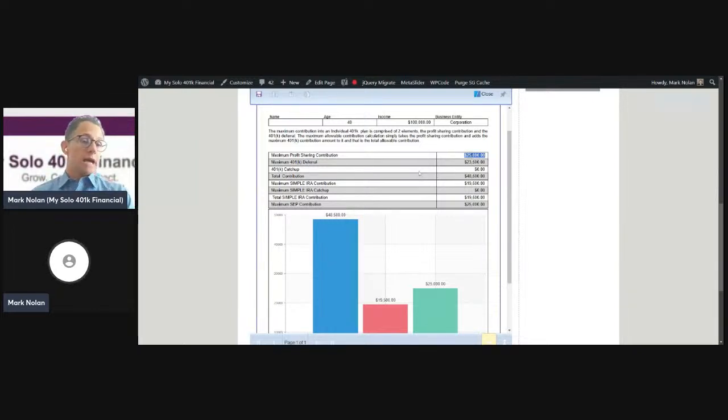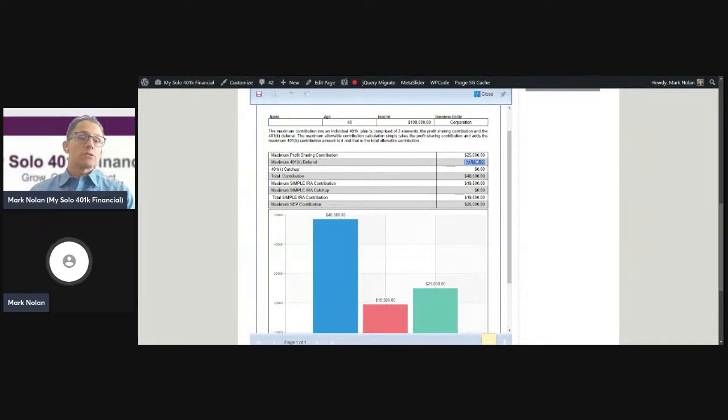Now you can also make an employee Roth solo 401k contribution. That's going to be $23,500. So when you add these two amounts together, the $25,000 employer Roth contribution plus the $23,500 employee Roth solo 401k contribution, that comes up to what? $48,500.